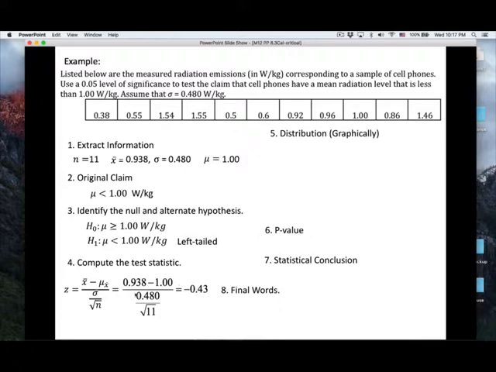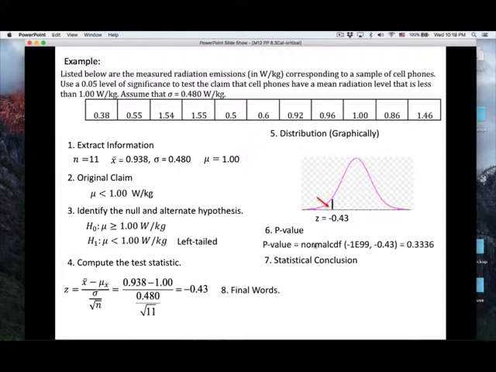Parenthesis here on the top, parenthesis here on the bottom. Okay, left tail example. So we have the test statistic. It's negative 0.43, right? So use the test statistic to find the area. So that will be normal CDF, lower value, upper value. You should get this guy.